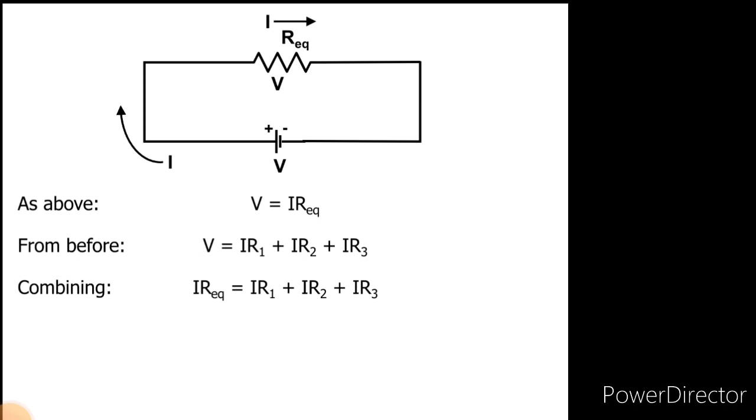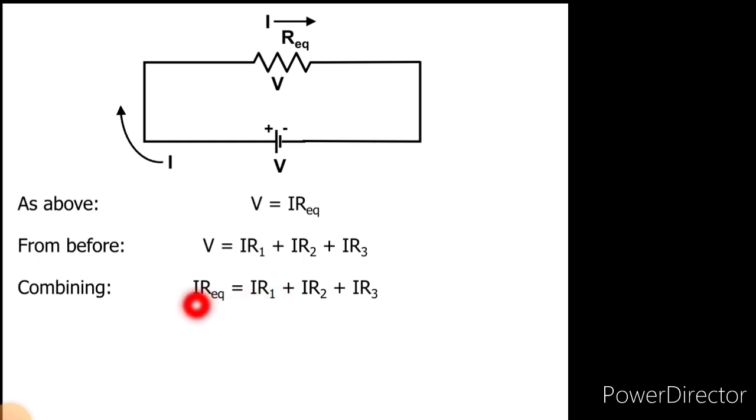So, combining, since V is equal to I R equivalent and V is equal to this, then I times the equivalent resistance is also equal to I R1 plus I R2 plus I R3. And ito yung kalalabasan. Okay? So again, this one is equal to this one since pareho silang equal to V. Okay, so pinagsama na natin.